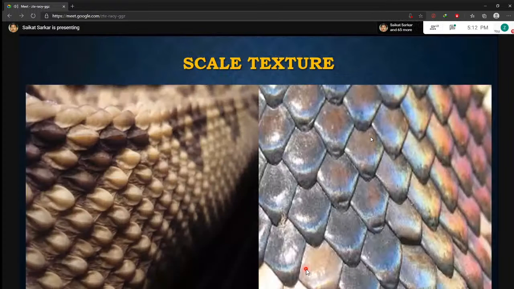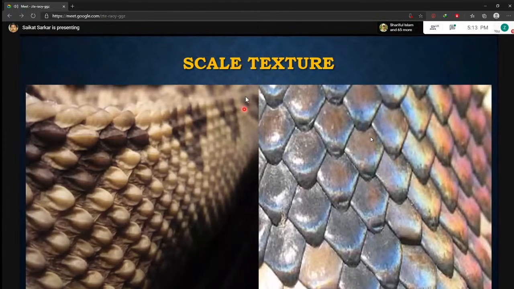Now, coming to the scale texture. At the graduation level, at least, I have seen some books at the local level. I'm not saying those are very authentic books at the international level, but these are local books, and there I have seen that in the taxonomic key they have used the texture of the scale to say whether it is a venomous snake or a non-venomous snake.